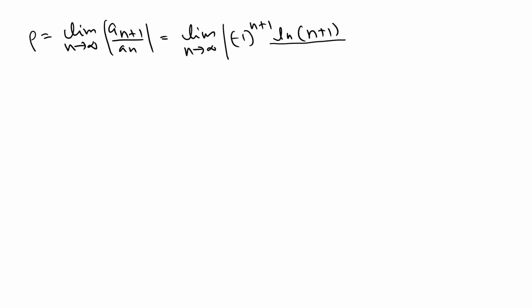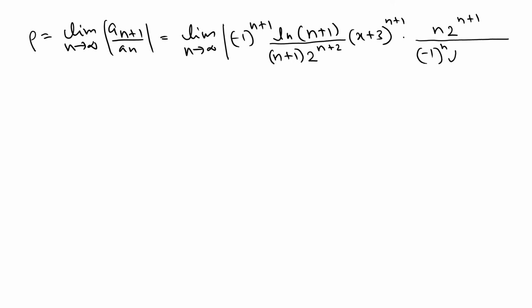In the bottom we have n plus 1, 2 to the n plus 2 now, because we add 1, and then (x plus 3) to the n plus 1. Now we can write the rest upside down, so that means n to n plus 1, negative 1 to the n, ln n, and then (x plus 3) to the n.